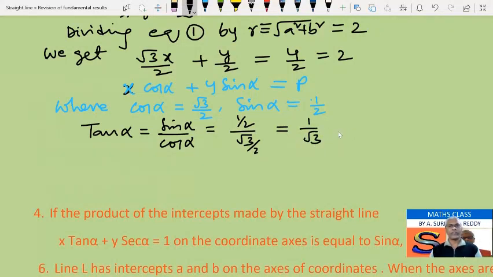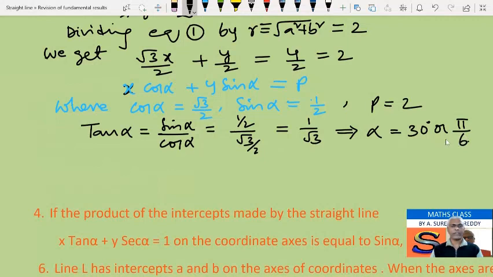Tan alpha is equal to 1 by root 3 and the p value is 2. So alpha, the angle, is 30 degrees, that is pi by 6. Tan 30 is 1 by root 3.